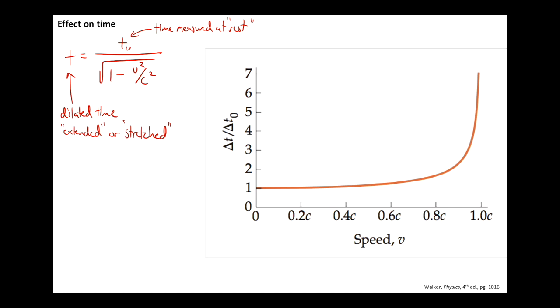So take a look at this graph. This is a graph of how much the dilated time has changed divided by how much the regular or at-rest time has changed, like a ratio of how much one is compared to the other, based on the speed that the clock is moving. Notice it's all based on a fraction of c. So the maximum the graph ever gets to is at the speed of light.